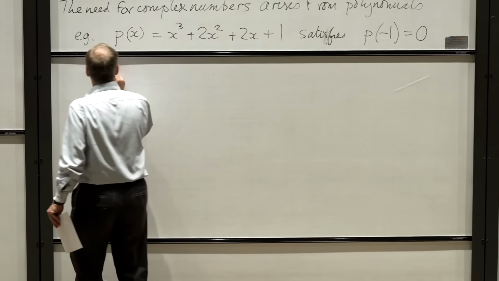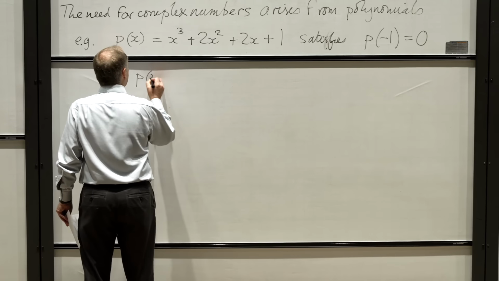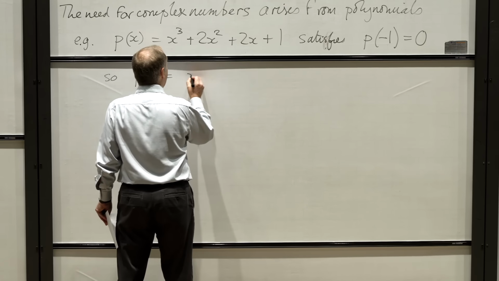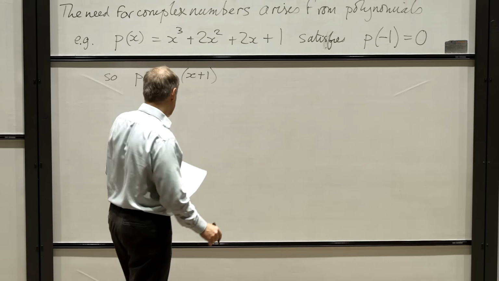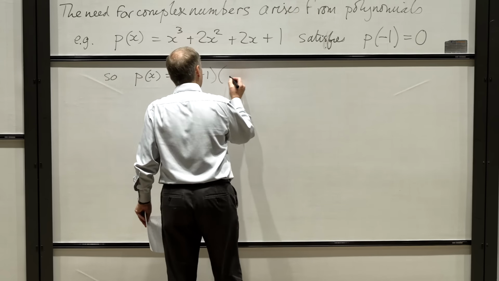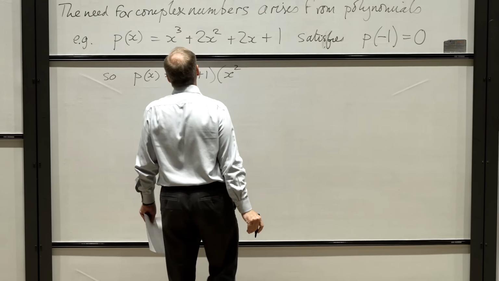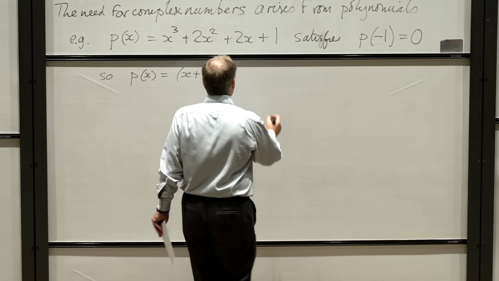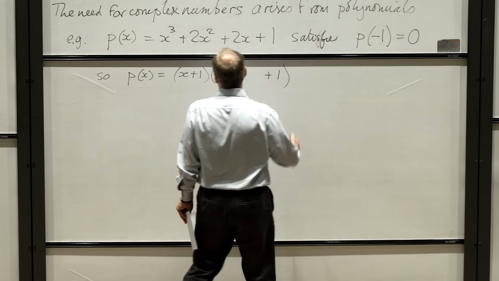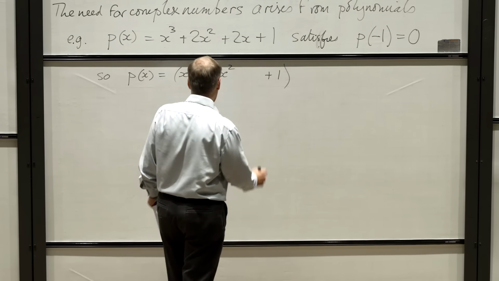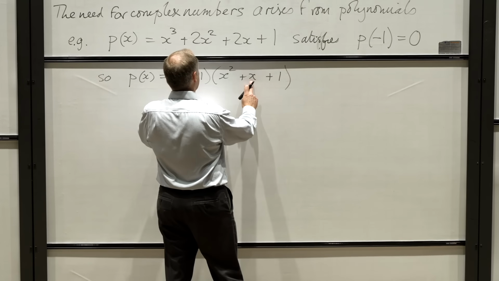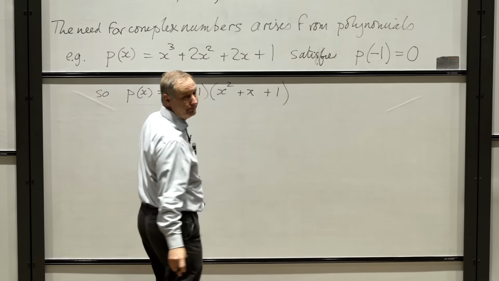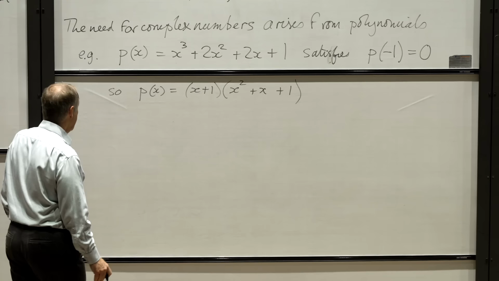And so that means I can write p of x is equal to x plus 1. That's telling me that it vanishes when x is -1. And then I have to find out what's the remaining term. There must be an x squared to give me an x cubed. There must be a 1 to give me plus 1. And I think there must be an x to make sure that the other two terms work. Right? Okay.